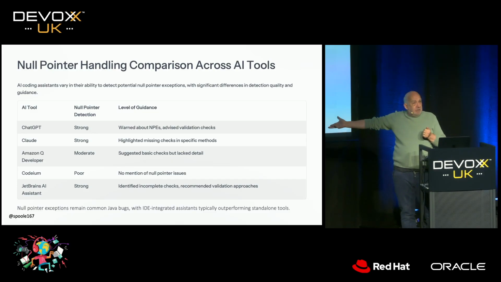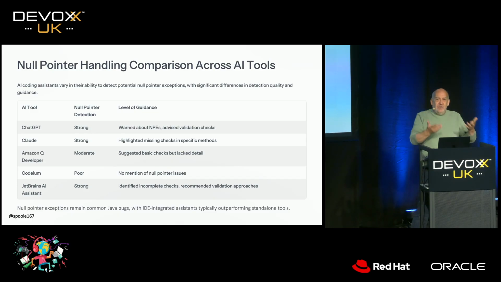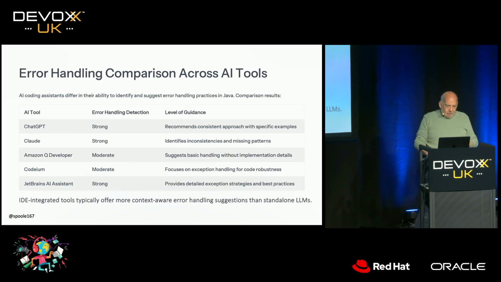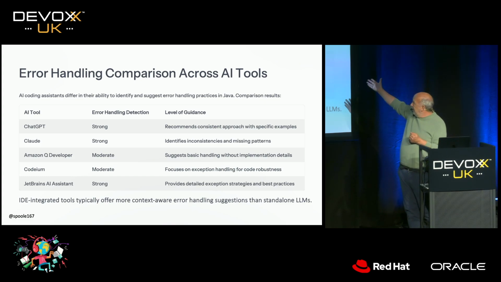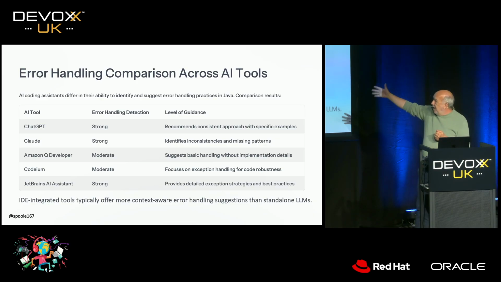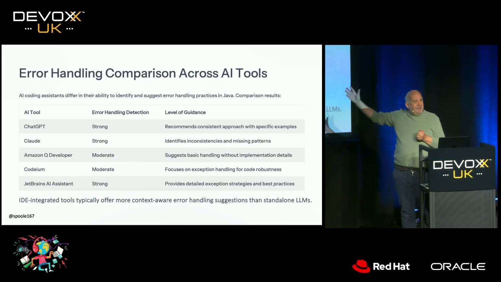Some wouldn't give me responses. I'm asking the same question of all these tools. Error handling is part of the question. What do you think of the error handling? Some give me good responses, others don't. I mean, you can't tell.